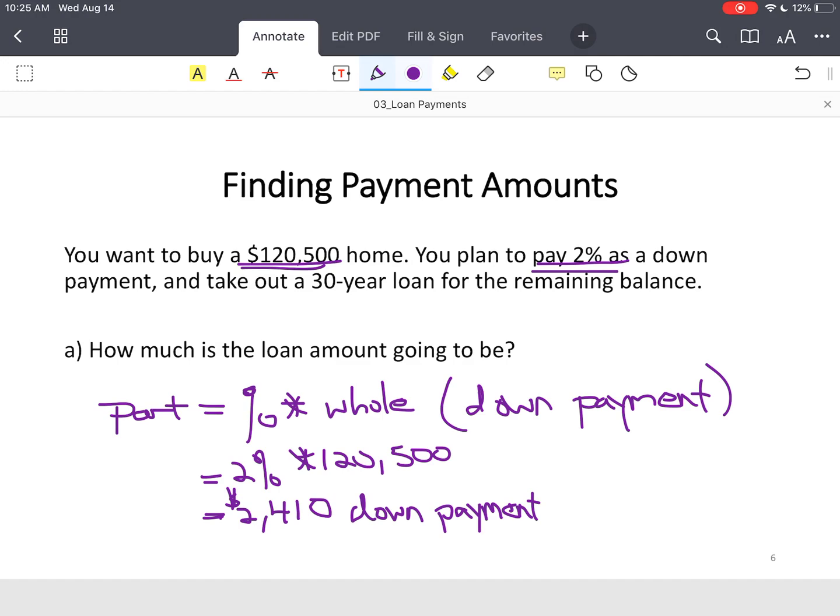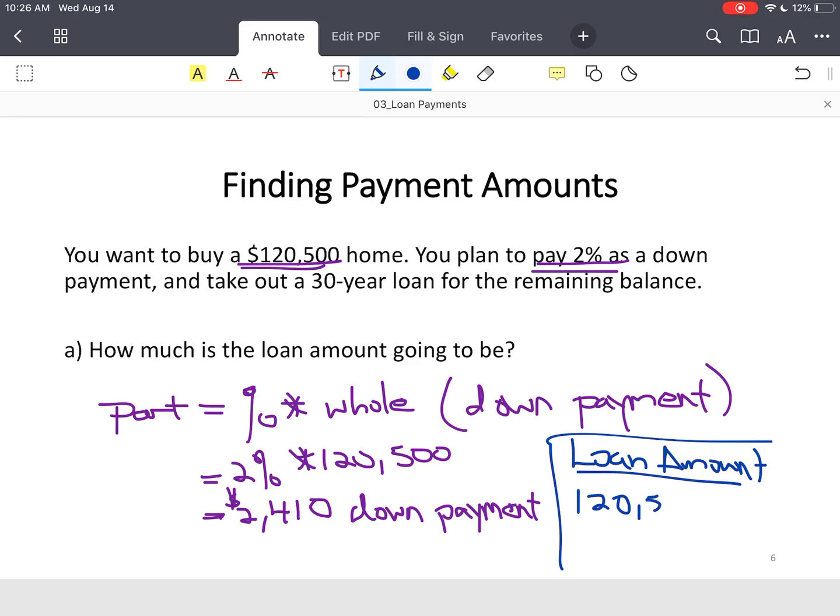All right, but we want the loan amount. So what we're going to do is, let's put it here, loan amount. You take the sales price of the house, and you subtract your down payment, $2,410, which means your loan amount is $118,090.